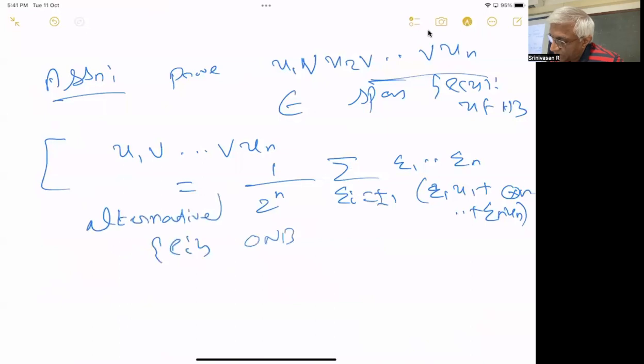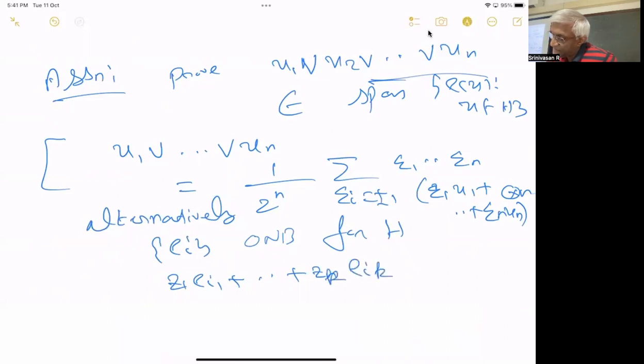Alternatively, take an orthonormal basis for this H, then you can take z1 e_{i1} plus up to zk e_{ik}, and you take this tensor n.